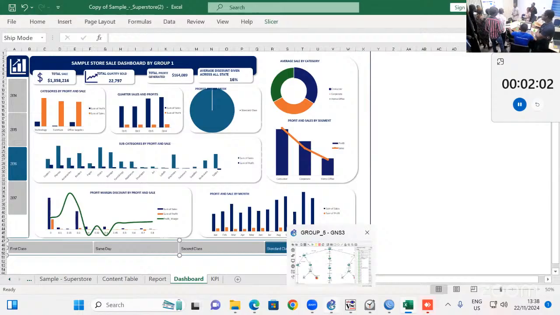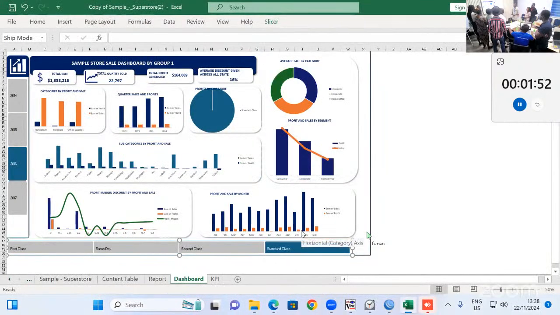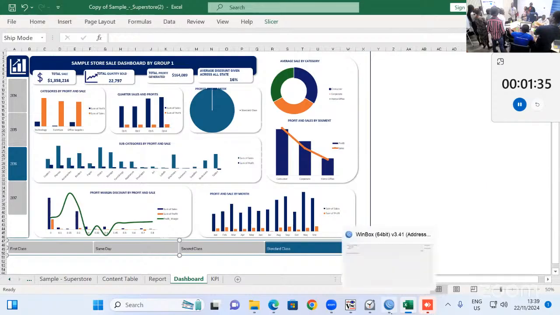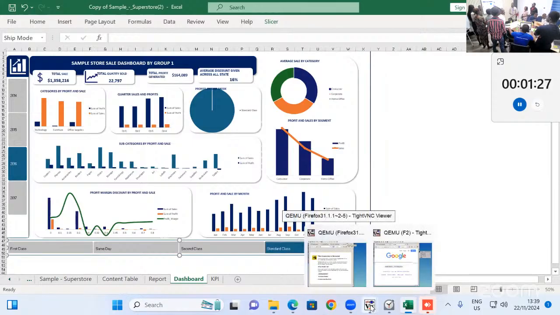Discount. That's the discount. The profit and sale by 7. So it's safe to say that the profit is relational to your sales.